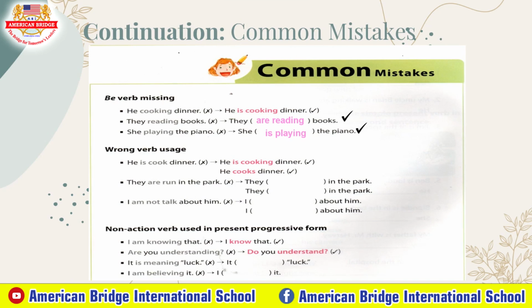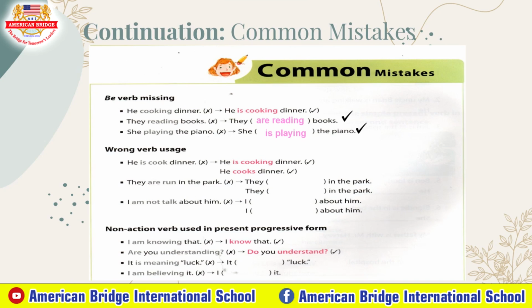Now we have two remaining examples for wrong verb usage. Second one is they are run in the park. So this one is obviously incorrect. Now, let's rewrite this sentence to the correct form with correct verb usage.